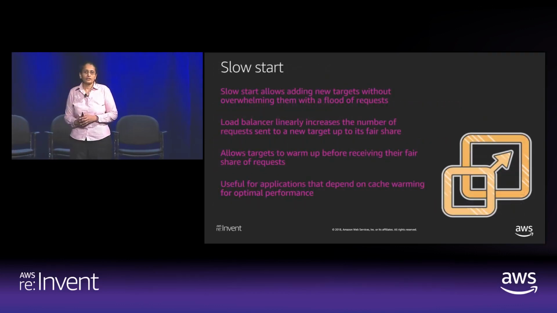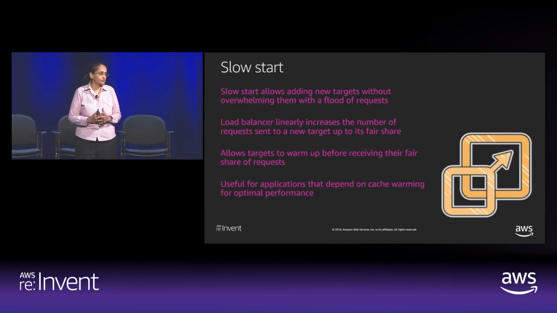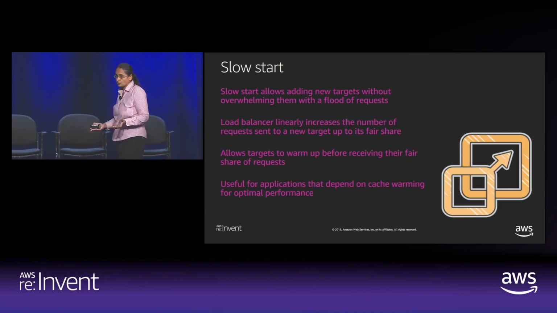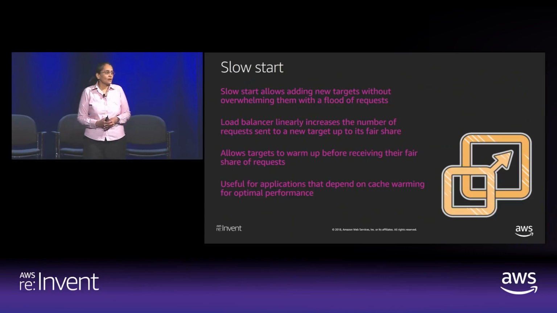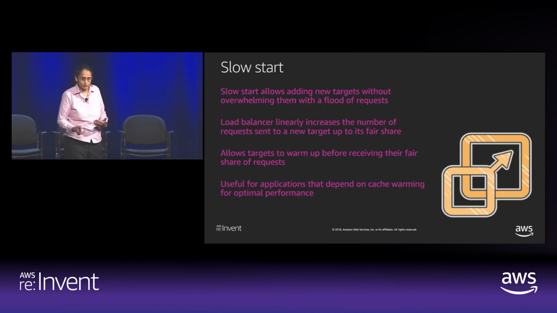So one other feature, again, customer asked feature, slow start. Slow start works in conjunction with the round robin algorithm, right? So the application load balancer, the way it load balances to your backends or target groups uses a round robin algorithm.